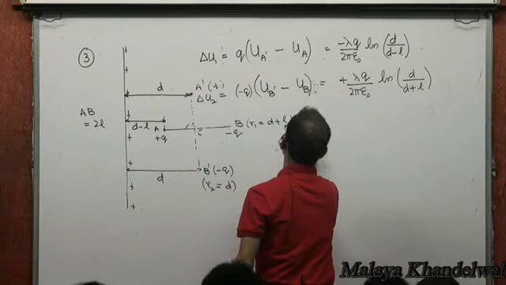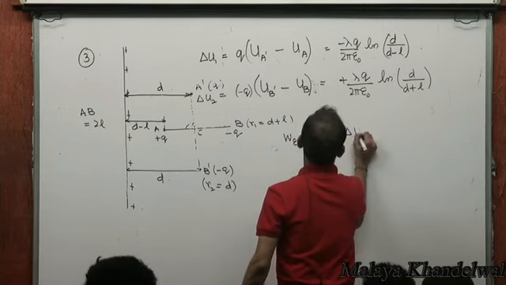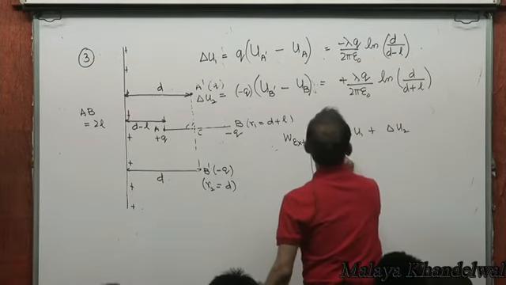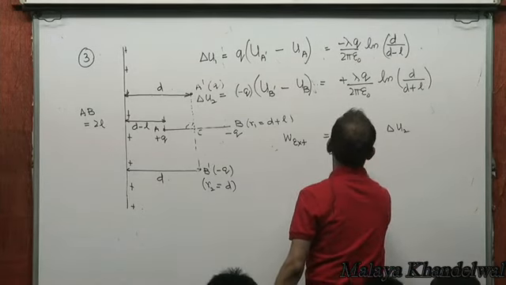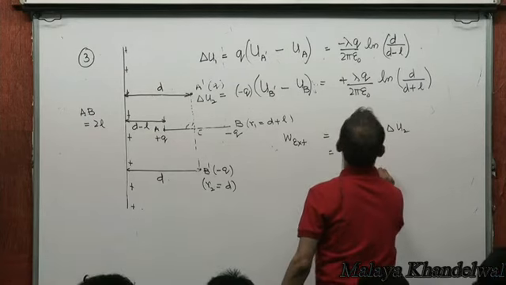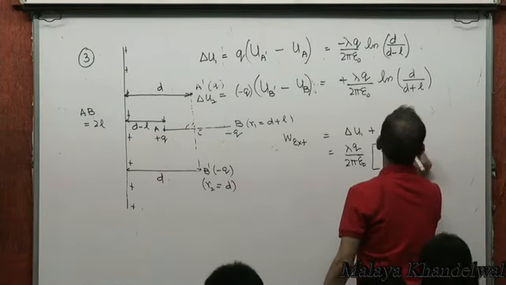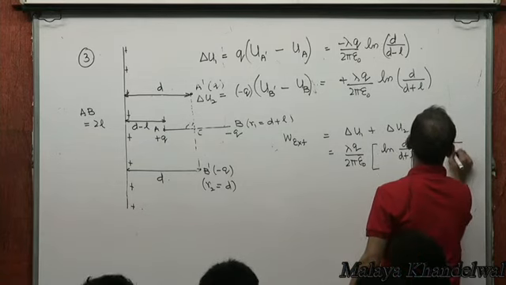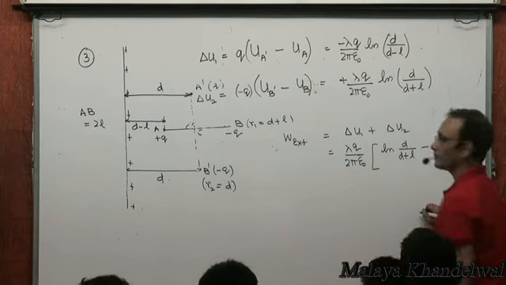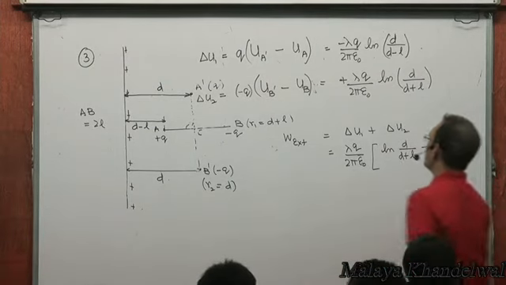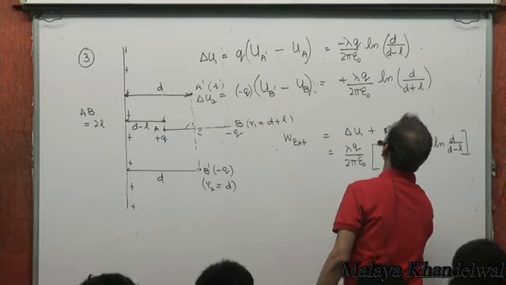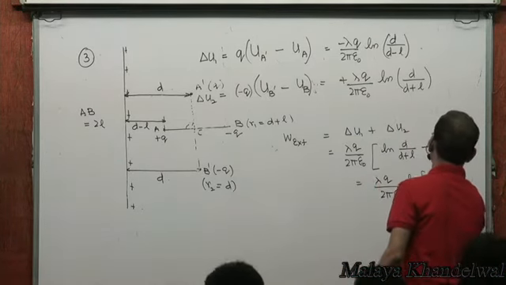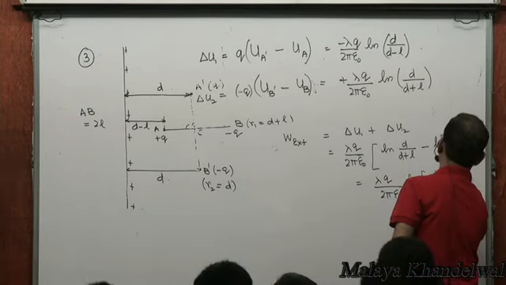The work done by an external agent is delta U1 plus delta U2, which is lambda Q by 2 pi epsilon naught times log d by d plus L minus log d by d minus L. Which is simply lambda Q by 2 pi epsilon naught log of d minus L by d plus L, as you can readily see.